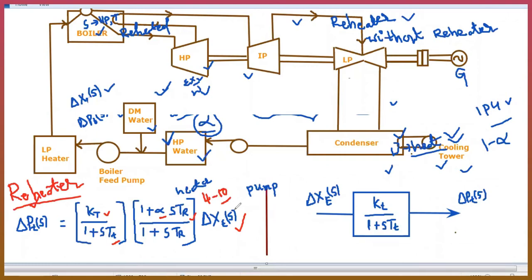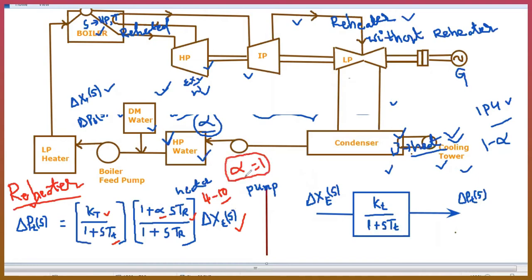Now if we don't have the reheating facility, or we do not consider it for simplification purposes, we assume alpha equal to 1 per unit.